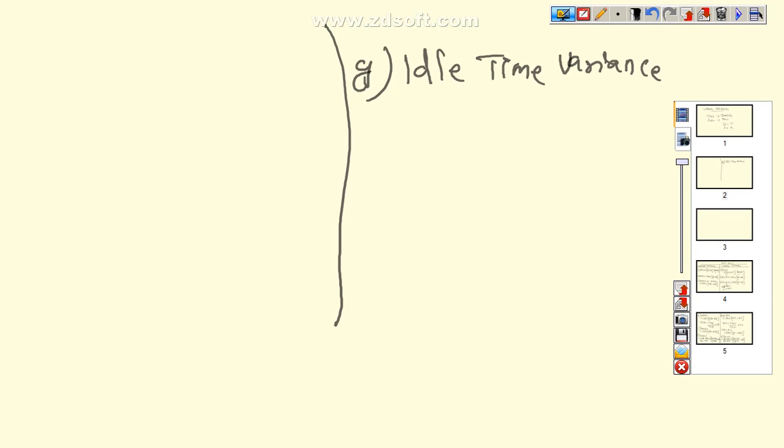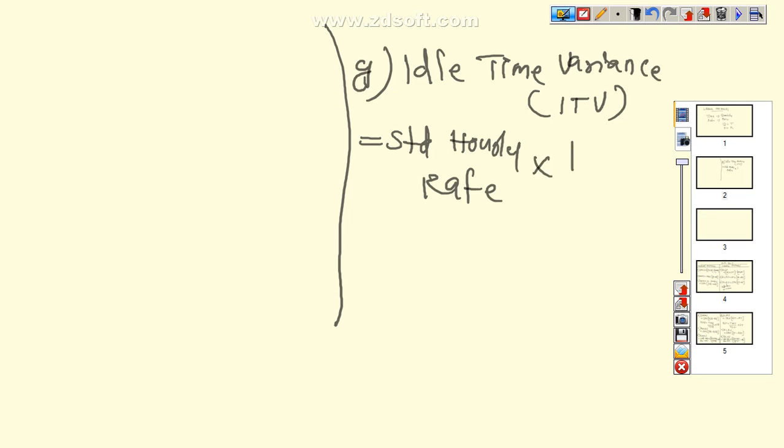So sometimes there may be some idle hours. If it is given in the question, then we have to calculate idle time variance, that is equal to standard hourly rate multiplied by idle hours.